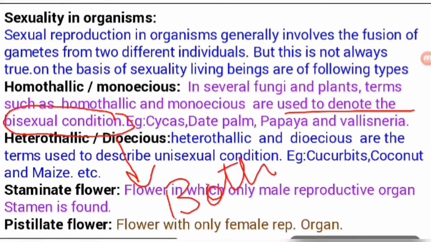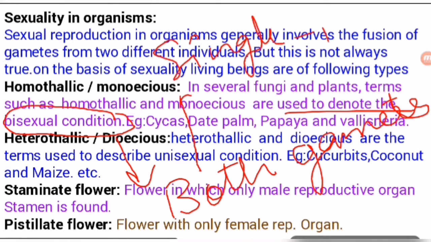Both gametes are present in a single body. Mono means single, so you can remember it. A single individual is required for the production of two types of gametes. So monoecious, it is the trick.